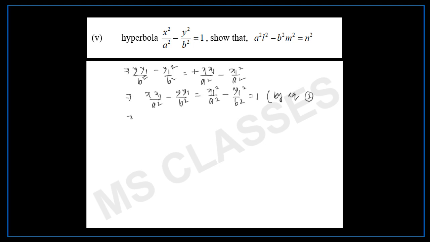So we got the equation of tangent as x x1 by a square minus y y1 by b square equal to 1. Now that is the equation of tangent to hyperbola. Now this can be thought of as a shortcut: x1 by a square, like we are multiplying x square means x x1, by a square minus y y1 by b square equal to 1. So someone can think it in this way also for finding the equation of tangent very fast.